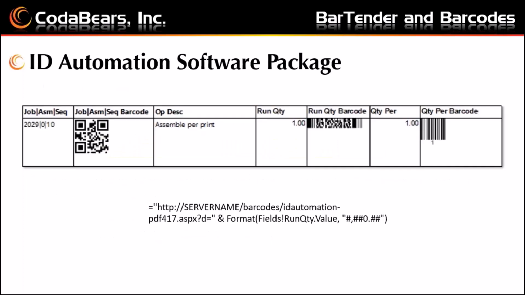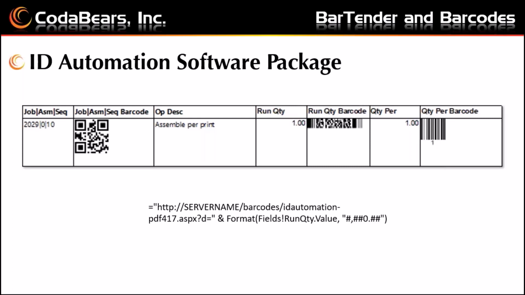So the ID automation software package, here we just show a few different barcodes, the QR code, I think PDF 417 and maybe the 128 or vice versa. Which one was which? Oh, here, this one tells, yes, the run quantity one is PDF 417.